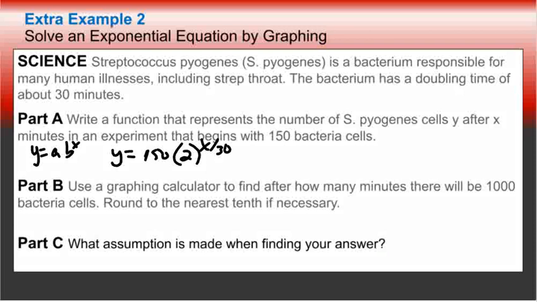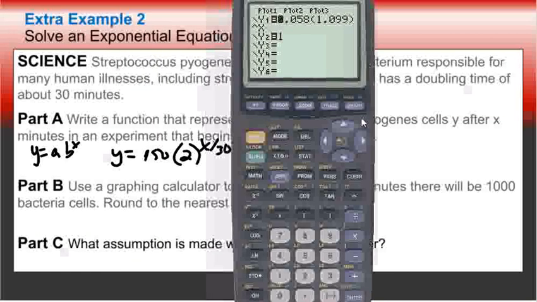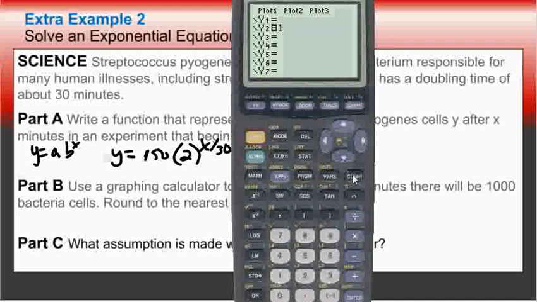Then we're going to use a graphing calculator to find after how many minutes there will be 1,000 bacteria cells. So in our graphing calculator, y equals, clear everything, and we'll type in 150 parentheses 2 raised to the x divided by 30.